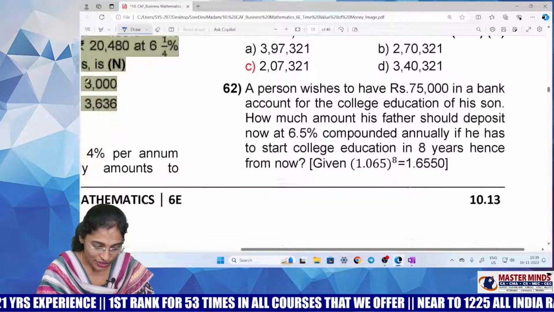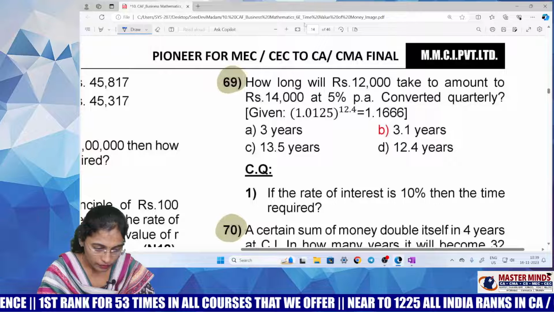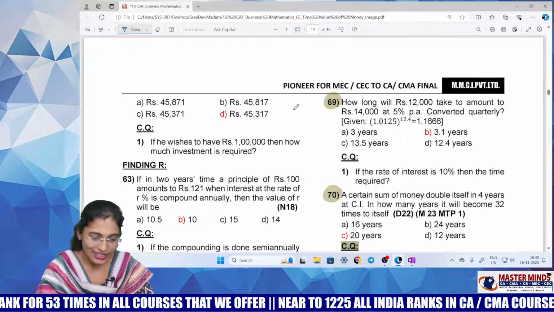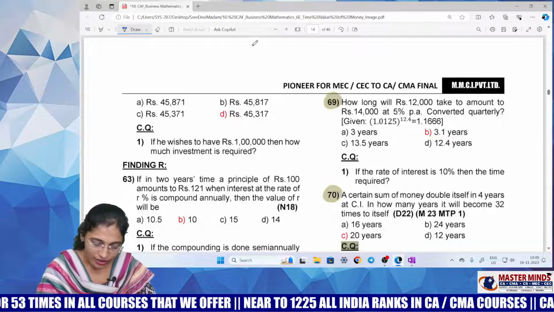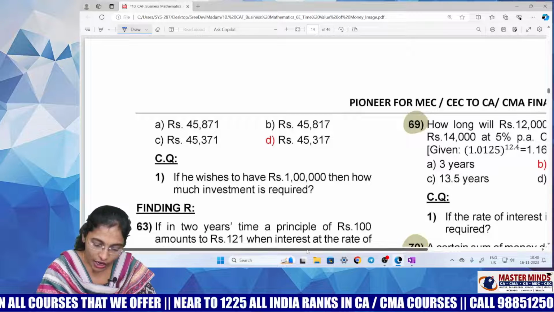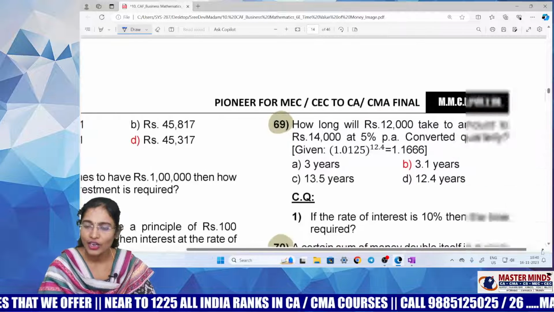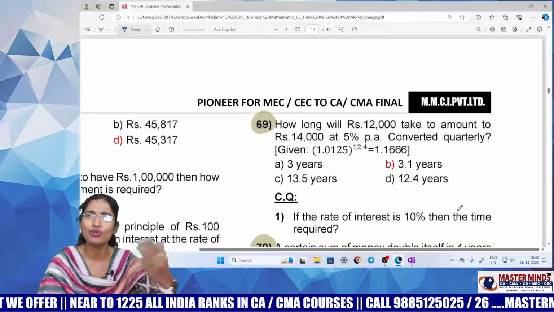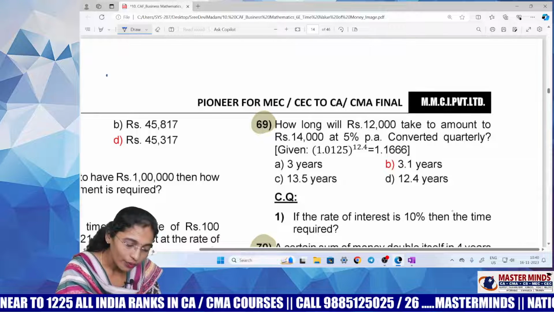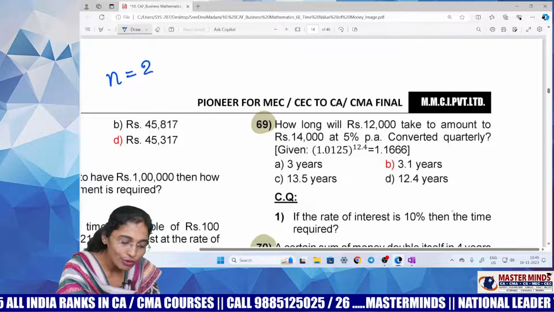Next question, look at 69. This is where I want to give clarity to you guys. Whenever compounding is done half yearly or quarterly or monthly, you replace n equals 2t, n equals 4t. Whenever the compounding is done half yearly, you will write n equals 2t.